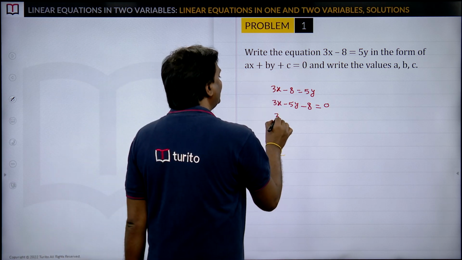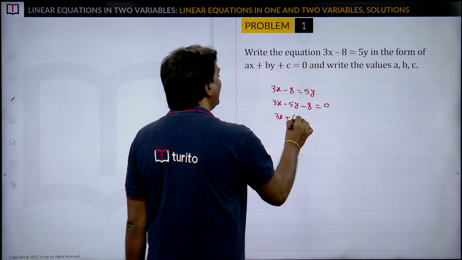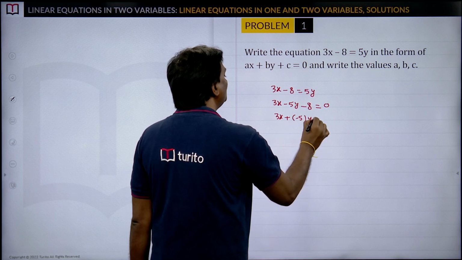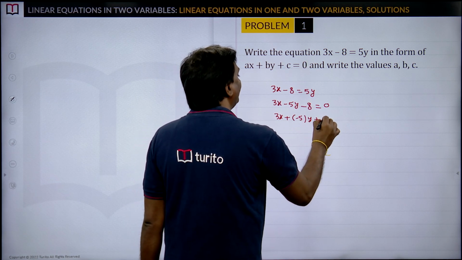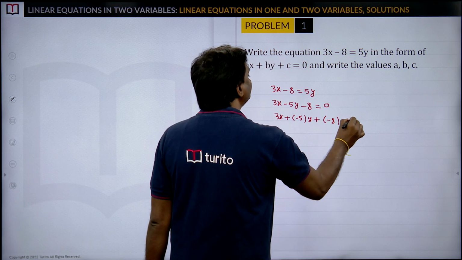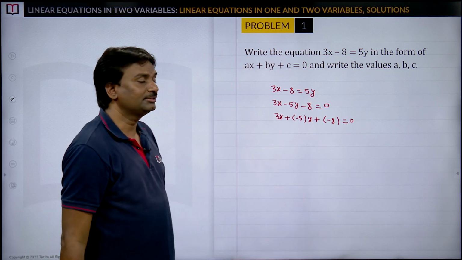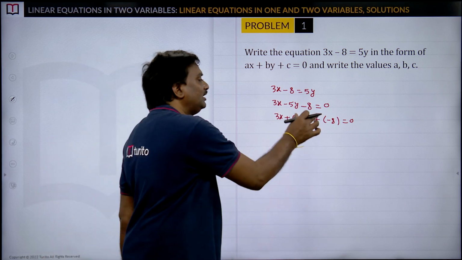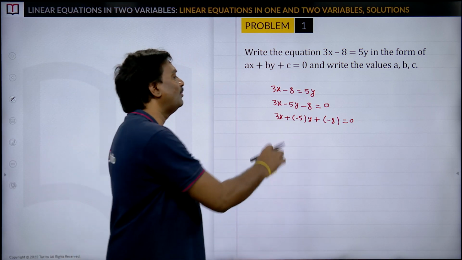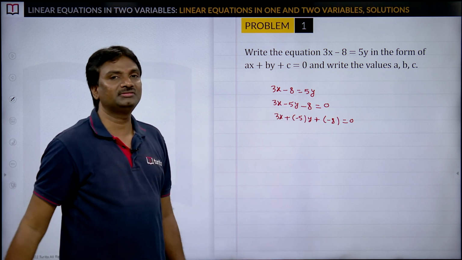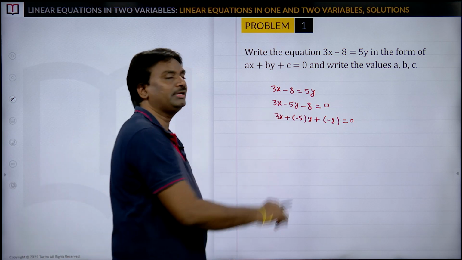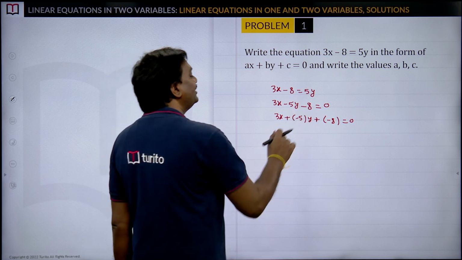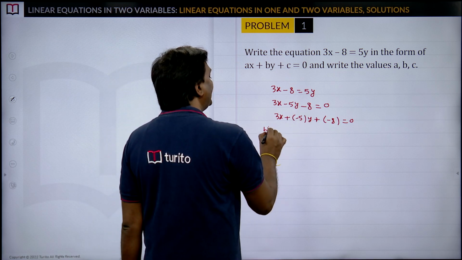If you want, you can write 3x plus minus 5 into y plus minus 8 equal to 0. Now, this equation is exactly in the form of ax plus by plus c equal to 0, where a equal to 3, b equal to minus 5 and c equal to minus 8.